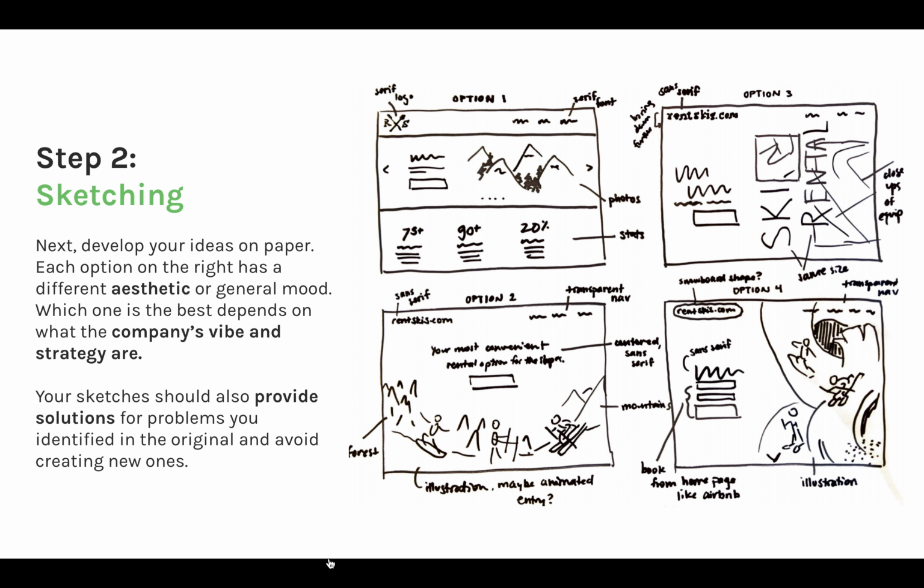So moving on to the next step, which is sketching. It's basically writing down all of your ideas about how to incorporate what they already have and what you want to change, and try to come up with solutions for the problems that we've identified.